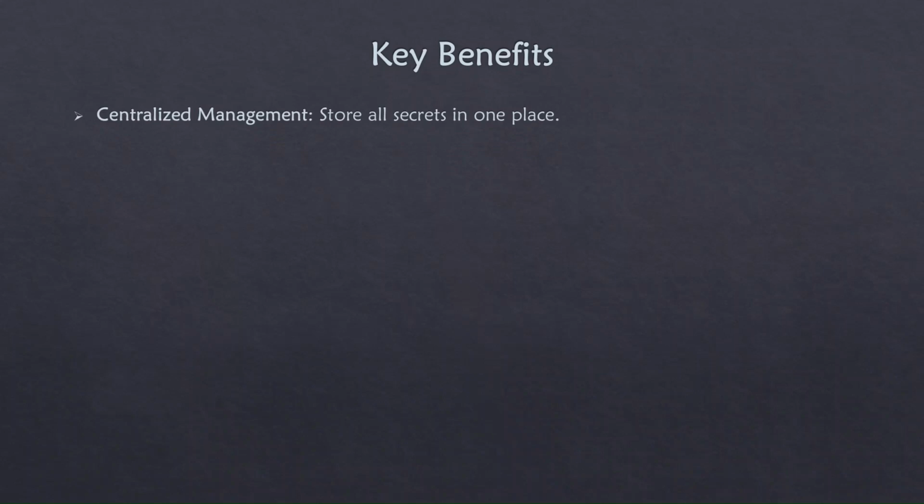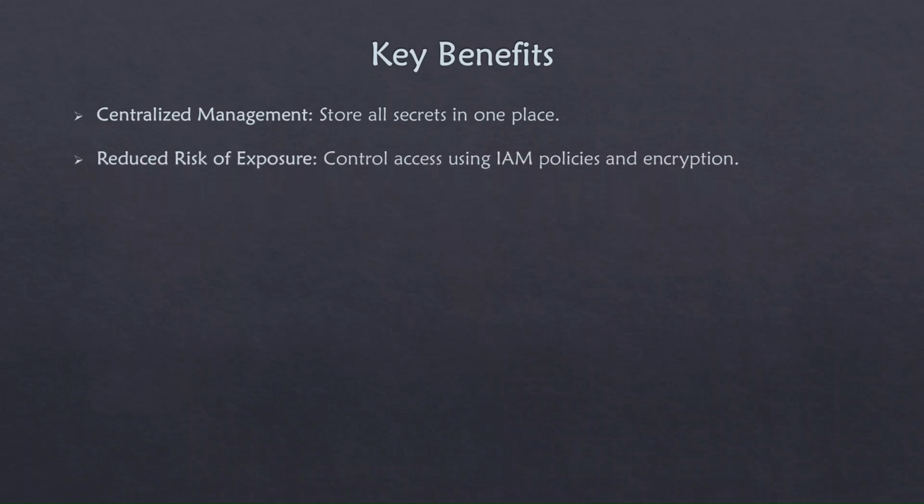This centralized approach ensures consistency and reduces the complexity of managing secrets across multiple environments and reduces the risk of exposure. By controlling access to secrets using AWS Identity and Access Management policies and encrypting sensitive data, AWS Secrets Manager minimizes the risk of unauthorized access.